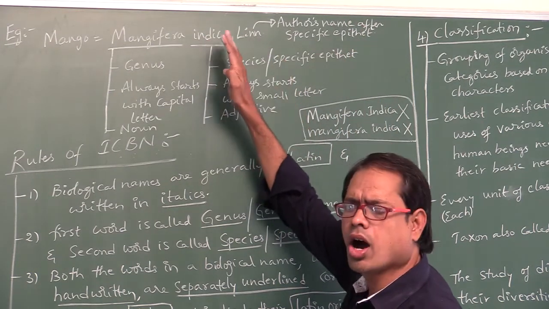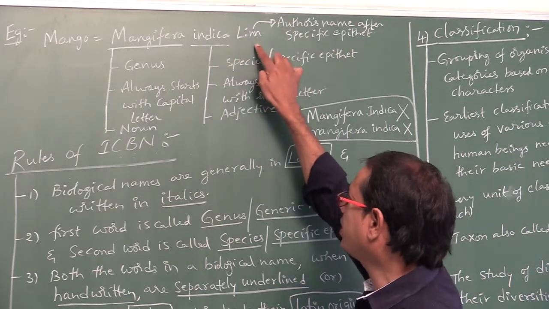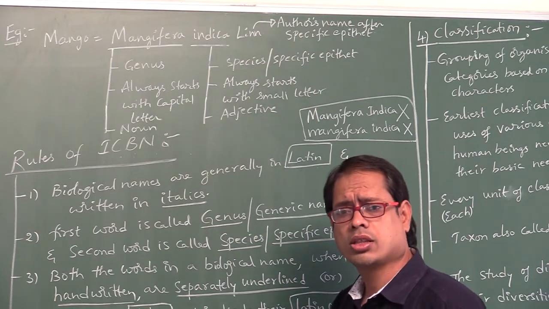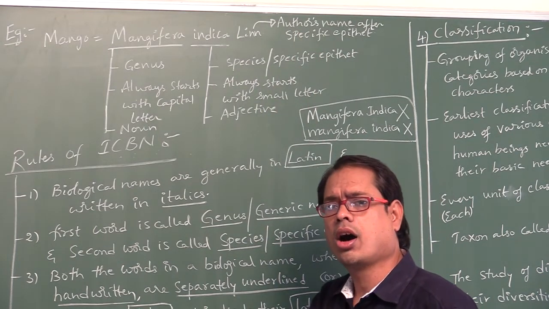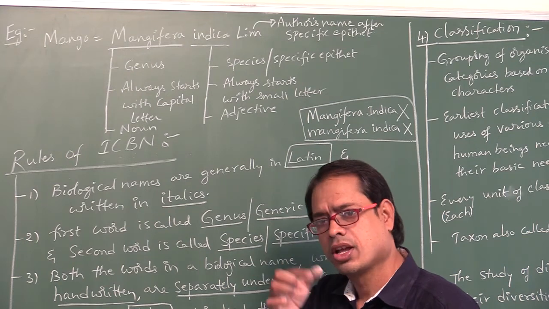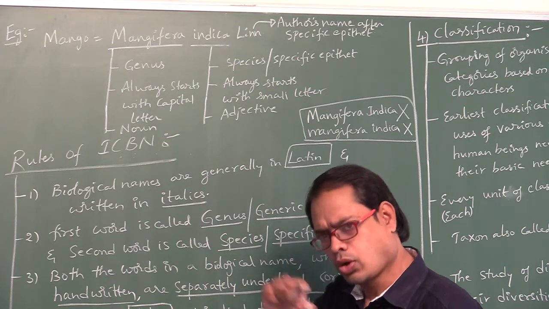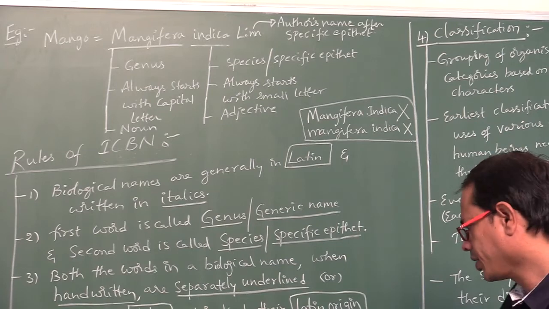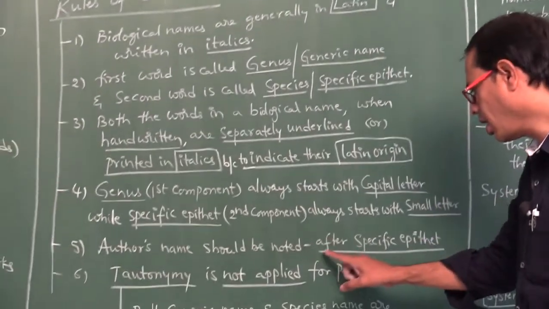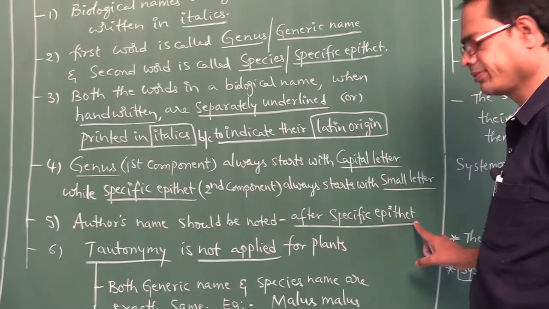Don't say before, after the specific epithet. Author's name should be abbreviated after the generic name: false. After the specific epithet: true.